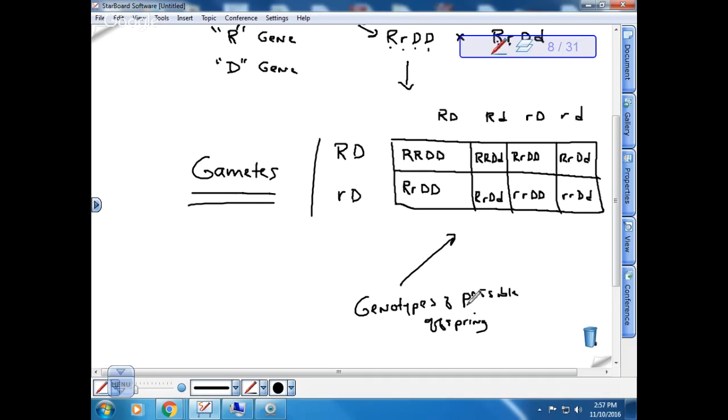So these would be different from the parents. So 2 out of 8, or that'd be 1/4, would be different from the parents.